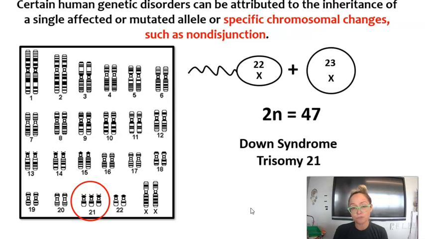Down syndrome, for example, would be an example of non-disjunction, and that's an inherited syndrome due to an extra chromosome, having 47 chromosomes. There's other ones like trisomy 18, Klinefelter's, Jacob's syndrome. There's a handful of other ones, but here we have Down syndrome as my example.